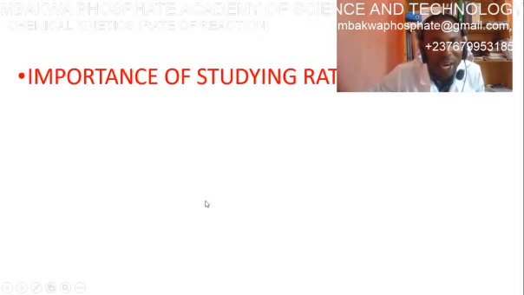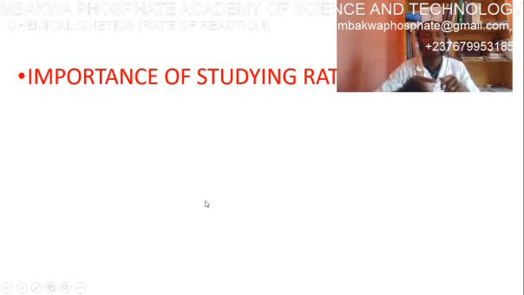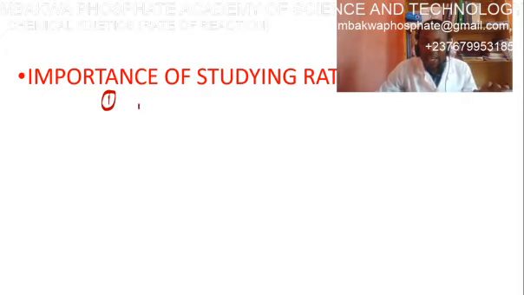Today we want to look at the importance of studying rate of reaction. Why is it important that chemists should study rate of reaction? Number one, it helps the industrial chemist to obtain a good yield.